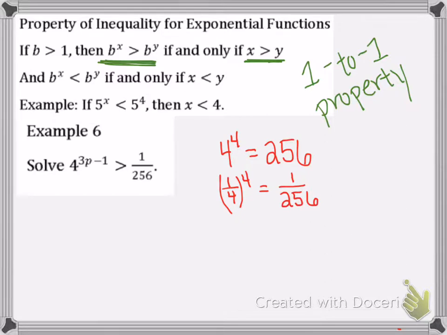But again, in order to apply the one-to-one property, I need the bases to both be the same. So the base on the left-hand side is a base of 4. So if I want to change this 1 over 4 to the 4th equals 1 over 256, what I can do is, remember, I can flip this fraction 1 over 4, and by doing that, if I flip it to 4 over 1, remember the exponent gets negated, and then what I do to one side, you must do to the other.